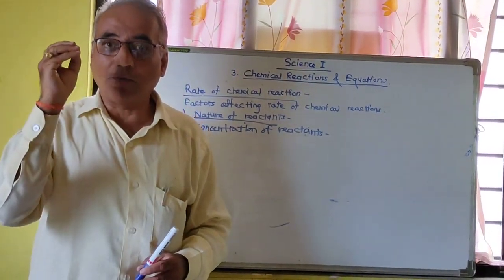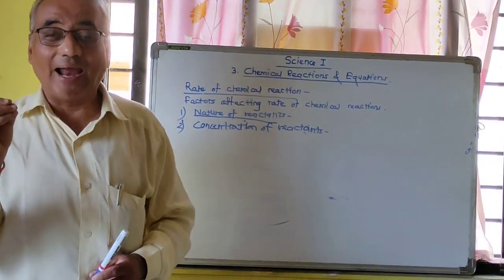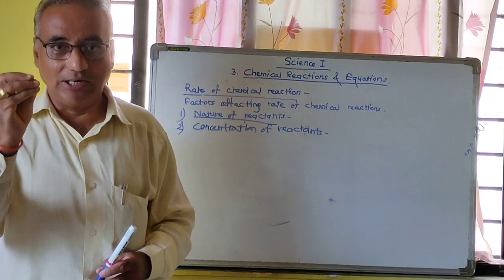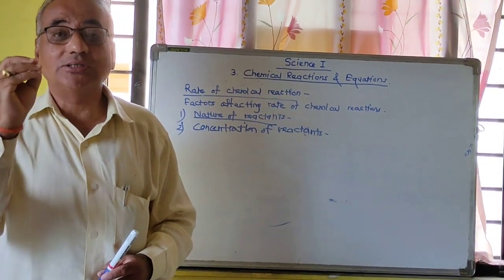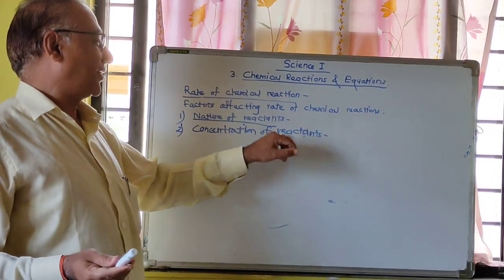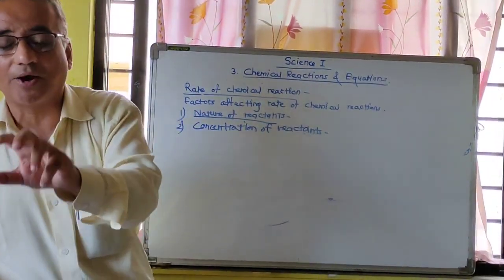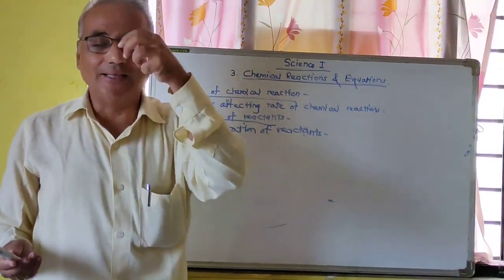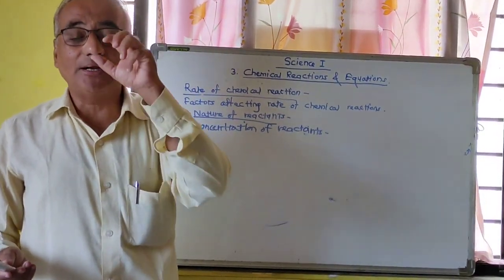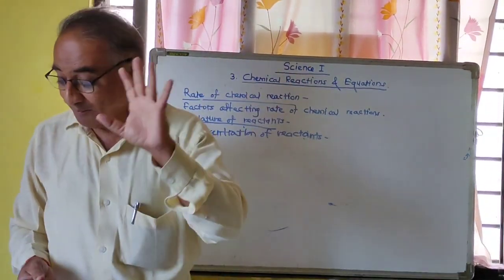Now, when we are going to perform any experiment in the laboratory, teachers generally use concentrated acid because this concentration of reactant increases the rate of reaction, because we have a limited period of 35 minutes, and in that period we have to complete that experiment, so the concentration of reactants is increased.